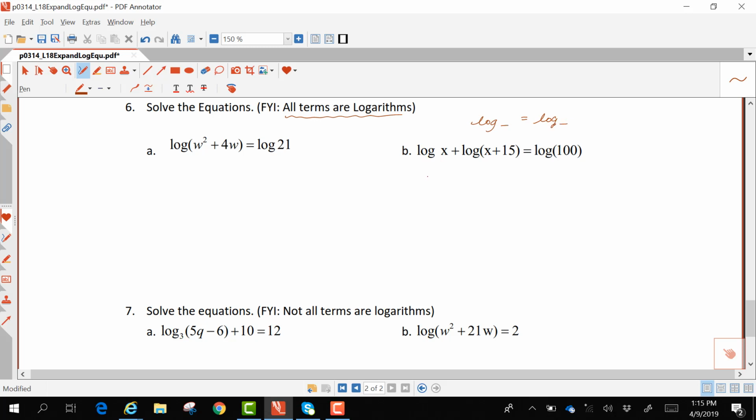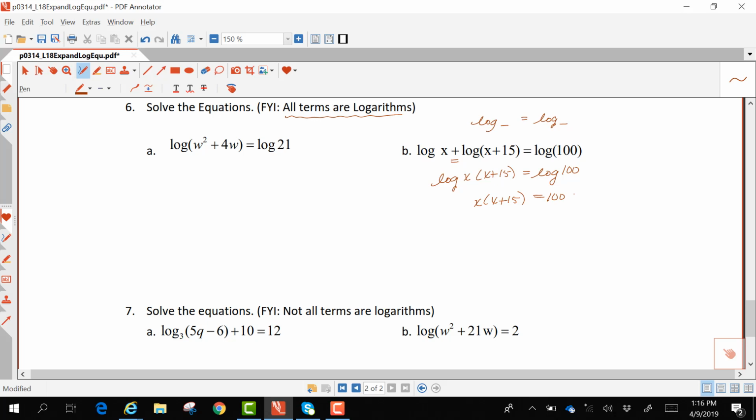My left side of my equation is addition, so I can rewrite this as one logarithm of x times x plus 15, making one logarithm now on each side of the equation. Once I get one logarithm on each side of the equation, and they both have the same base, in this case of 10, I can set the arguments of the logarithms equal and drop the logarithm.